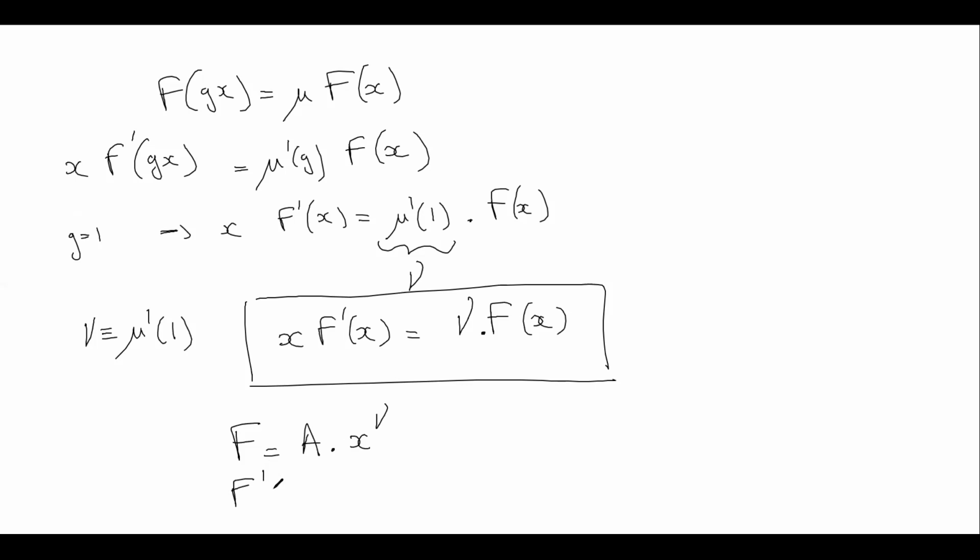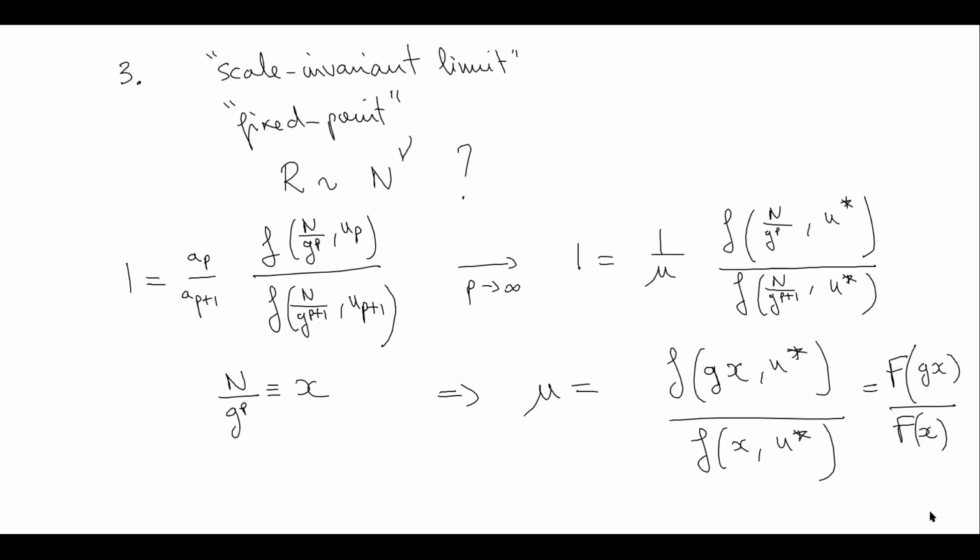It's clear that F prime is equal to nu A X^(nu-1). So if I multiply it by X, I recover nu times A times X to the power nu. That is an interesting aspect. I get a power law. I get a polynomial. So now I can plug that back here first.